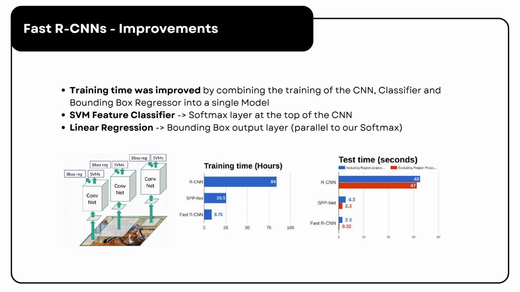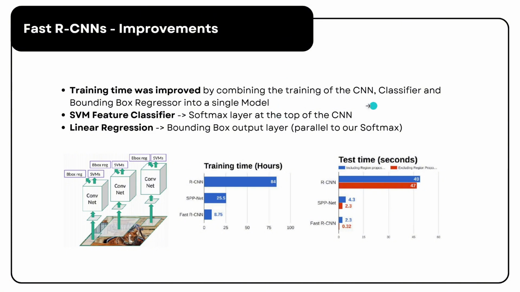All right, so let's now talk about why Fast RCNN was such a leap forward, not just in architecture, but in performance and practicality. One of the key improvements is in training time. Unlike the RCNN, which needed three separate models, a CNN for feature extraction, an SVM for classification, and a regressor for bounding box adjustment, Fast RCNN combined everything into a single unified model. Here's how.